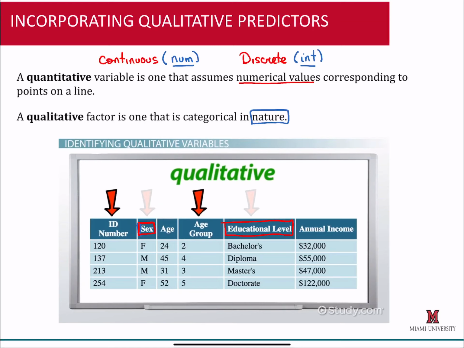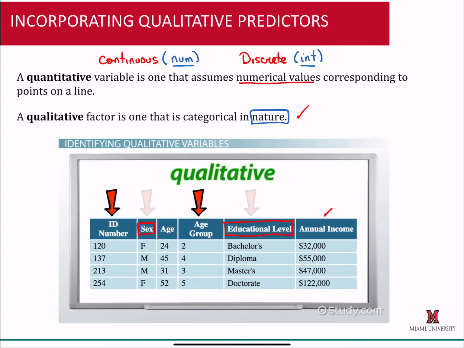So we have to be especially careful with those variables that are qualitative in nature, because if they are, we have to recode them and actually have them be the right type. The same happens with numerical variables.